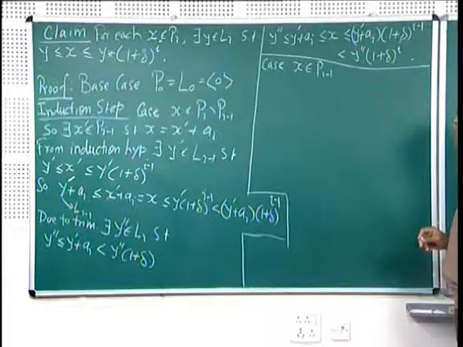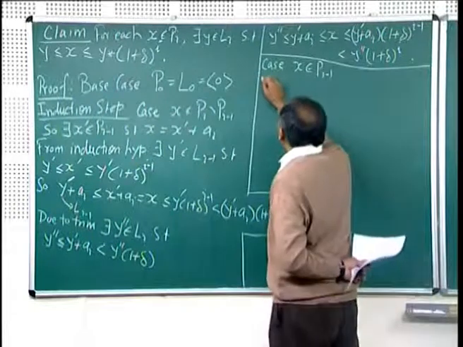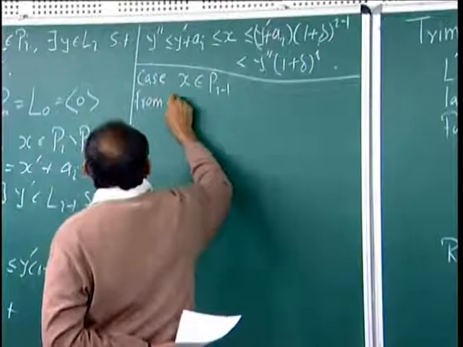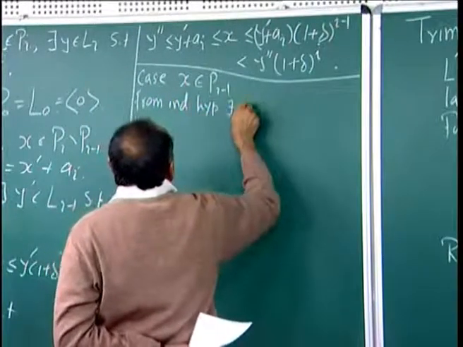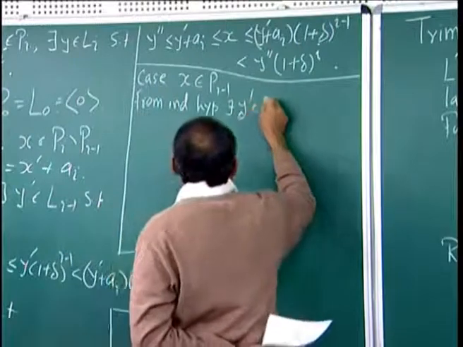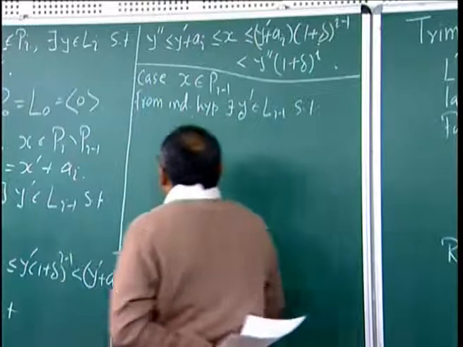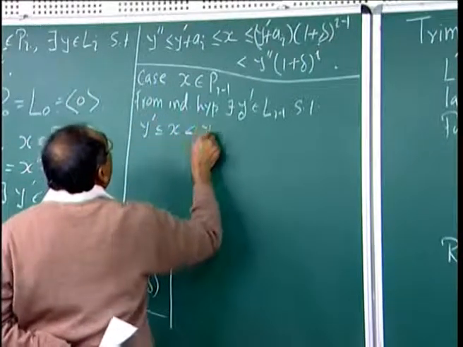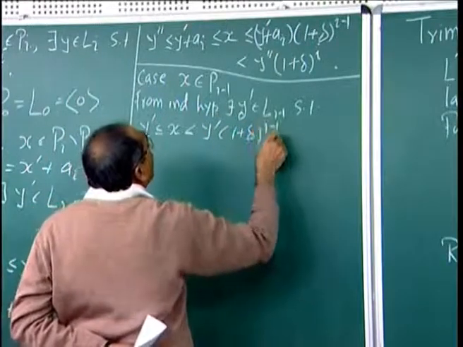So, once again, from induction hypothesis, there exists a y prime in Li minus 1 such that y prime is less than or equal to x, which is less than or equal to y prime times (1 plus delta) power i minus 1.